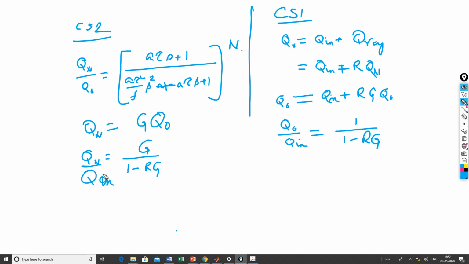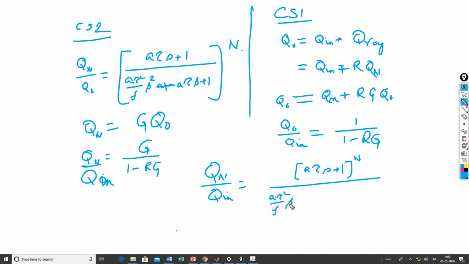If you do all the necessary math, what you'll finally get is the numerator will be (a tau s plus 1) to the power n, the denominators of the numerator and denominator will cancel, and 1 minus this will be (a tau squared by f times s squared plus a tau s plus 1) to the power n minus (a tau s plus 1) to the power n again.